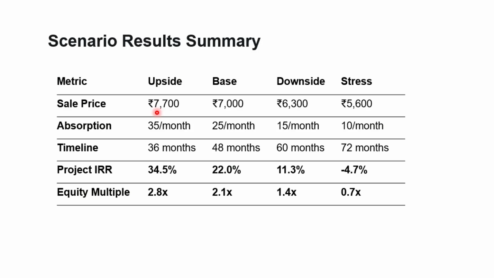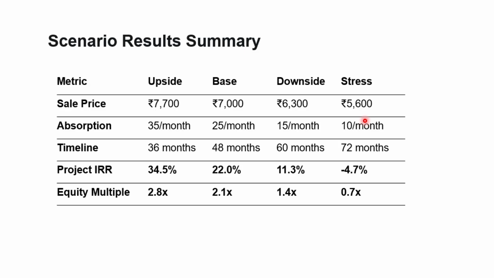The stress scenario tells a different story. Sale prices drop to 5,600, absorption slows to 10 units per month, and timeline extends to 72 months. Result: minus 4.7% IRR and 0.7 equity multiple, a significant equity loss.